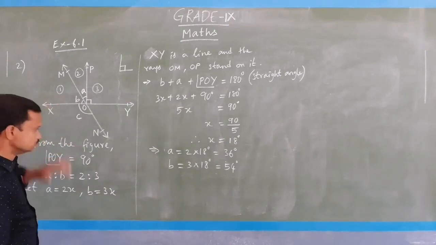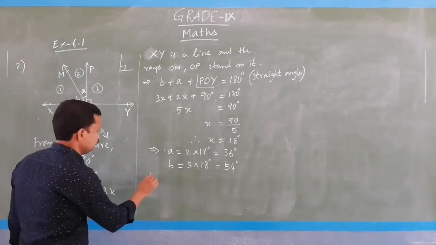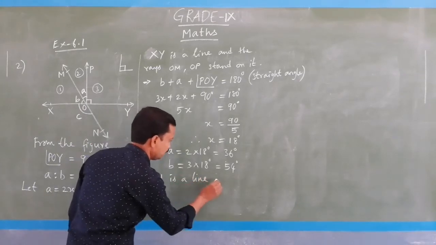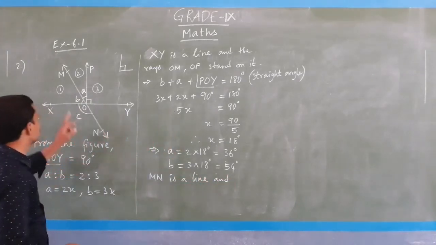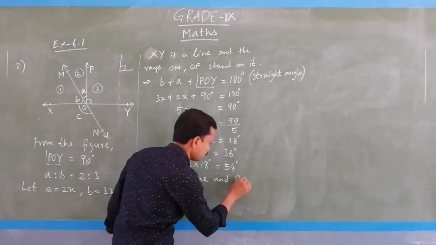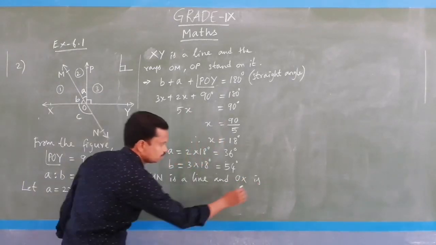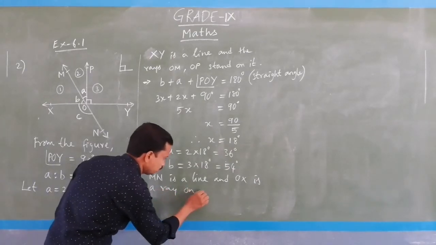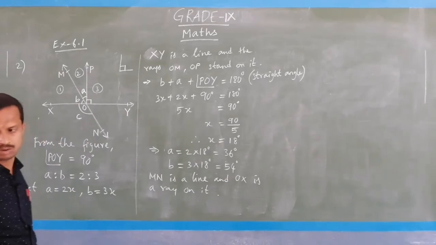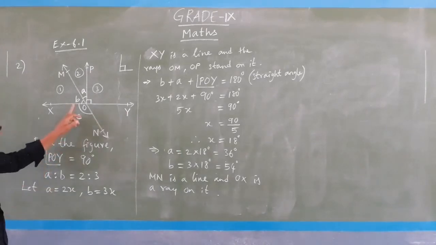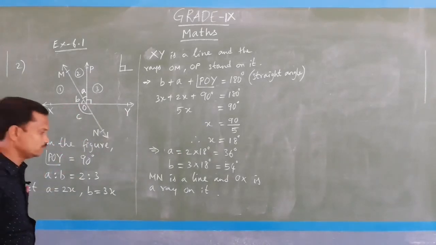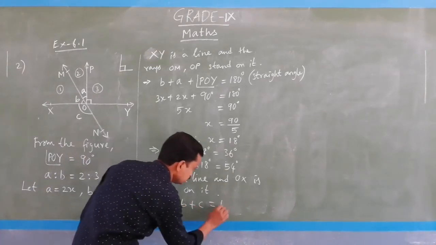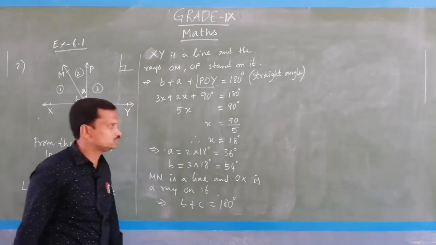So, now MN is a line and OX is a ray on it. Then we get B and C as the two angles. This implies B plus C is equal to 180 degrees. The reason is straight angle.